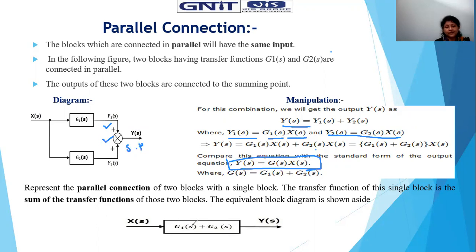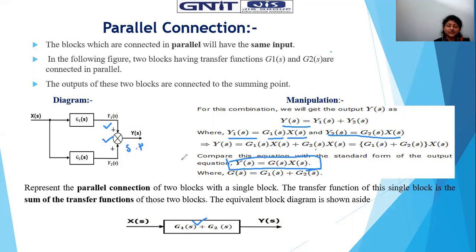So in a parallel connection, if both the systems have positive signals, we get G1(s) plus G2(s). According to the phase, they will be taken into consideration.